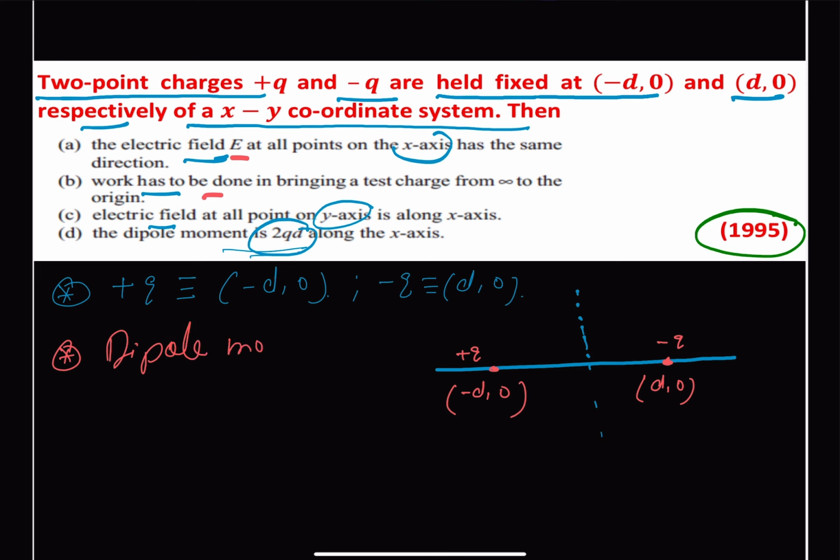So our dipole moment P will be equal to q multiplied by the distance between the charges, and this distance between the charges will be equal to 2d.